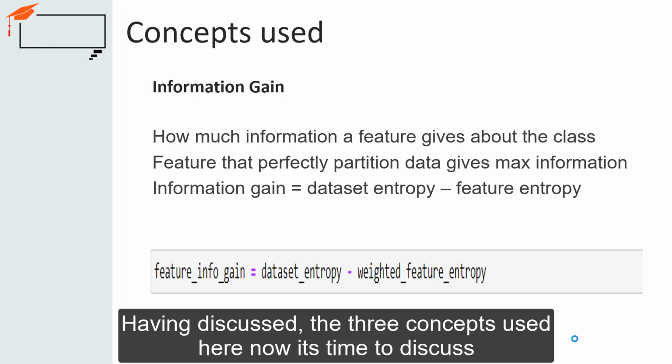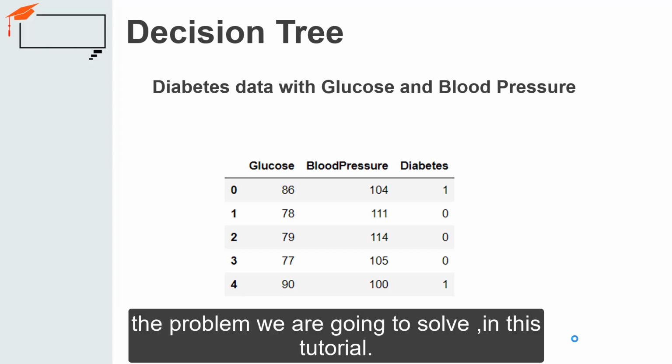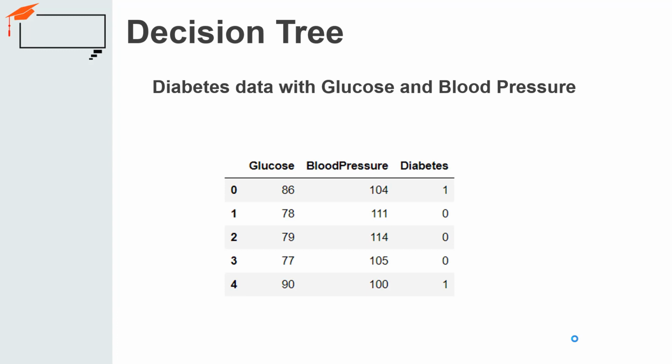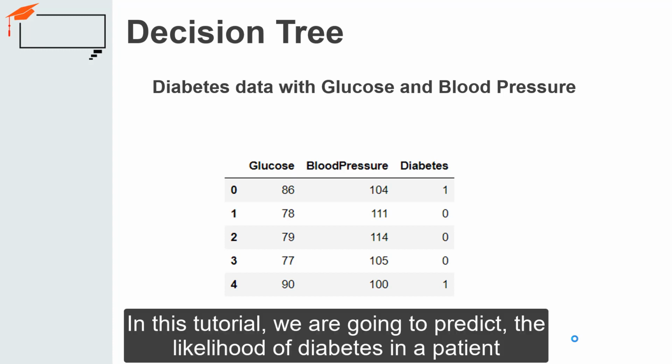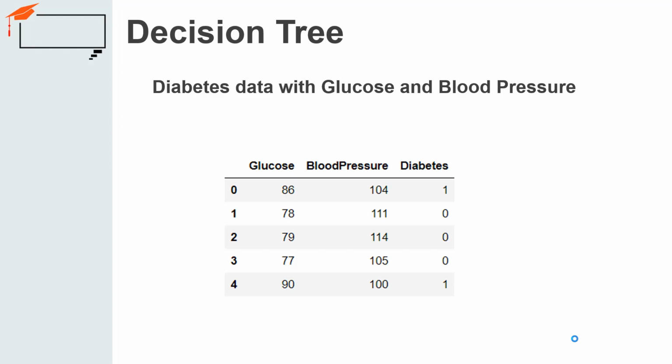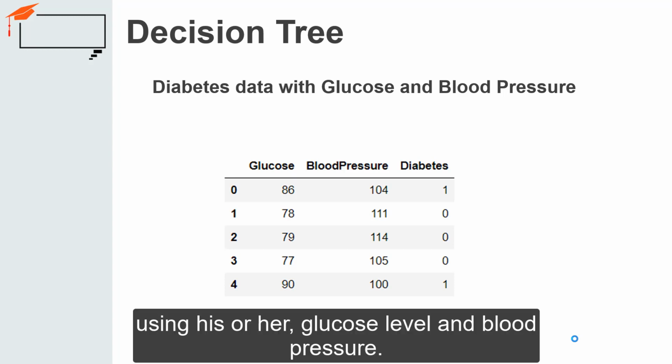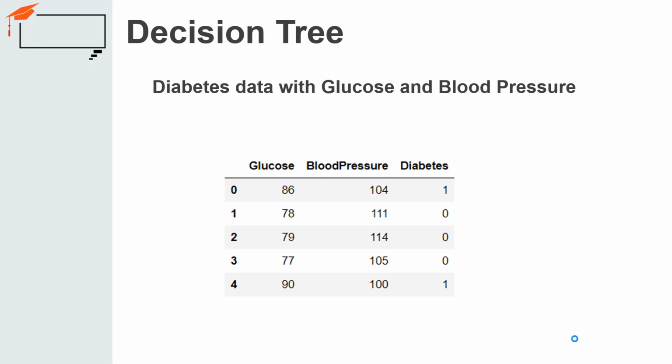Having discussed the three concepts used here, now it's time to discuss the problem we are going to solve in this tutorial. In this tutorial, we are going to predict the likelihood of diabetes in a patient using his or her glucose level and blood pressure.